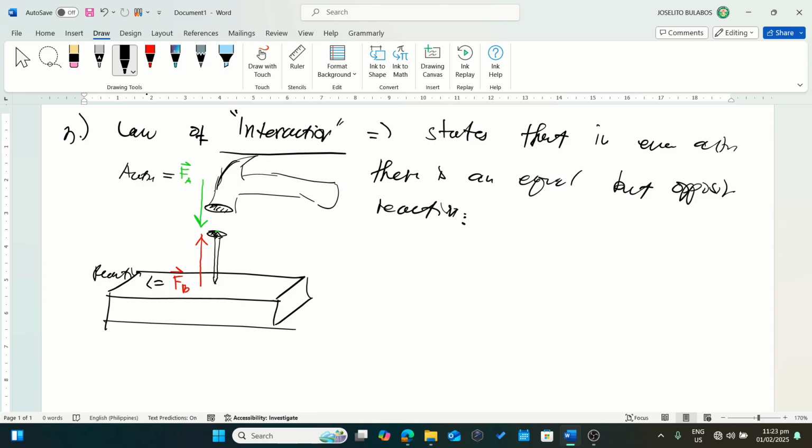This FA must be equal to FB, so they must be equal in magnitude. However, FB must be in the opposite direction. This is our third law, the law of interaction. In every action there's an equal but opposite reaction.